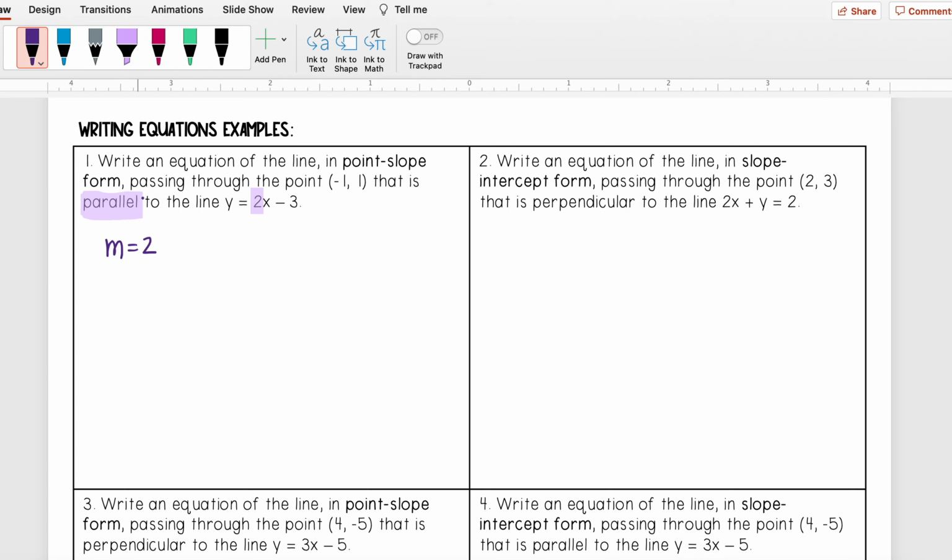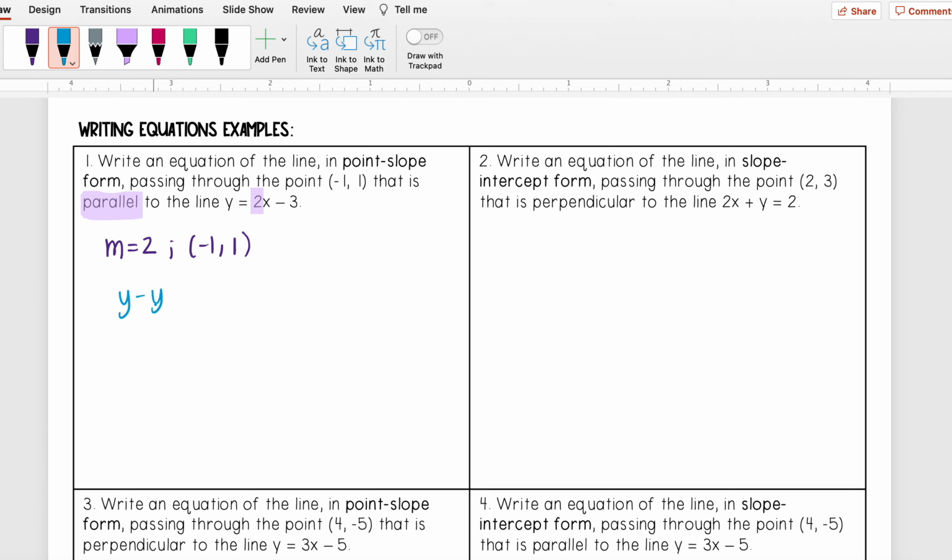And since I want to write the equation parallel to this, I want my new equation to also have a slope of 2. However, I want it to go through the point -1, 1, and I want to write it in point slope form. Remember, I can write point slope form whenever I have a point and the slope.